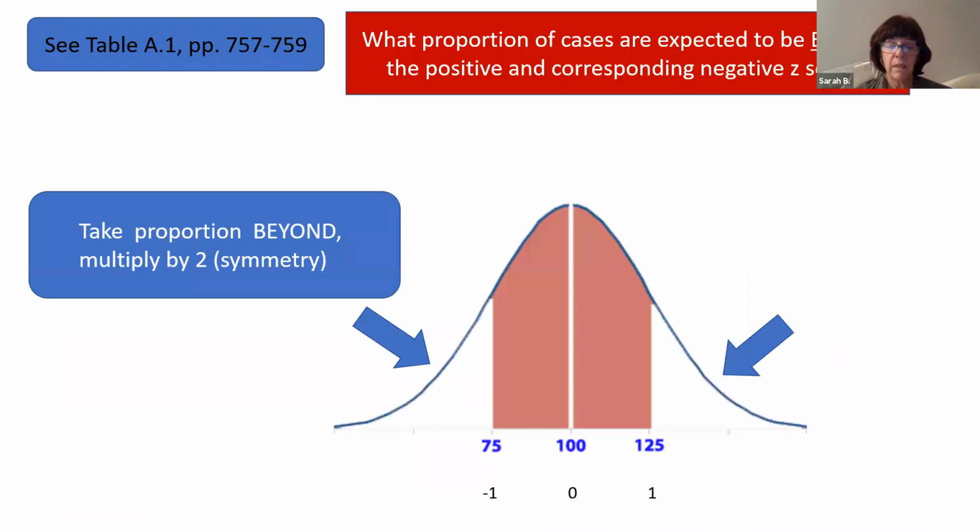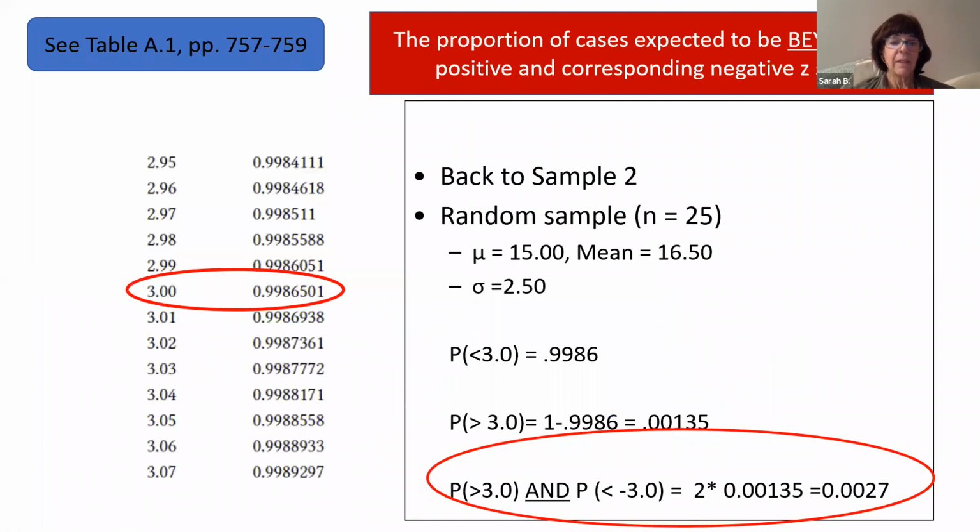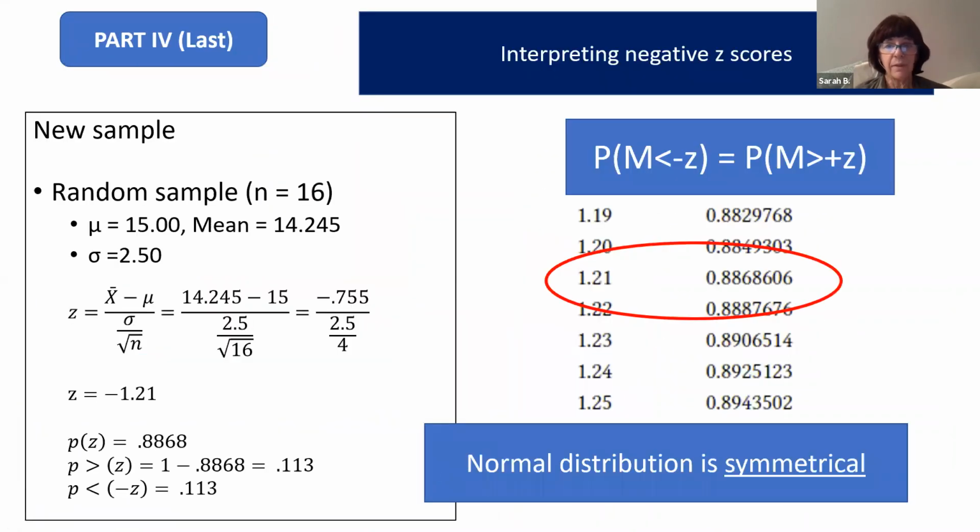So going back to this picture, the probability of a value being in the left tail is the same as the probability of it being in the right tail. The only confusing thing is seeing this in the tables. So when we do this equation, we get a z-score of negative 1.21, and we find the probability for z equals 1.21.